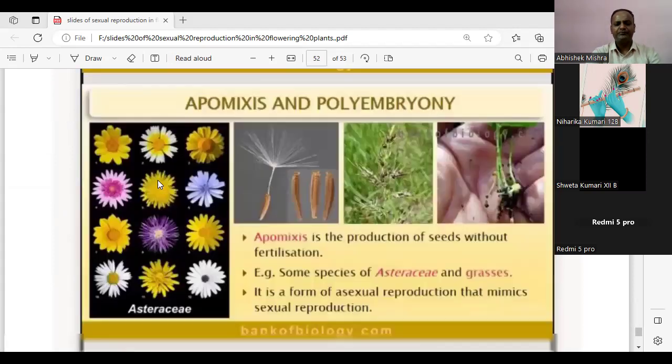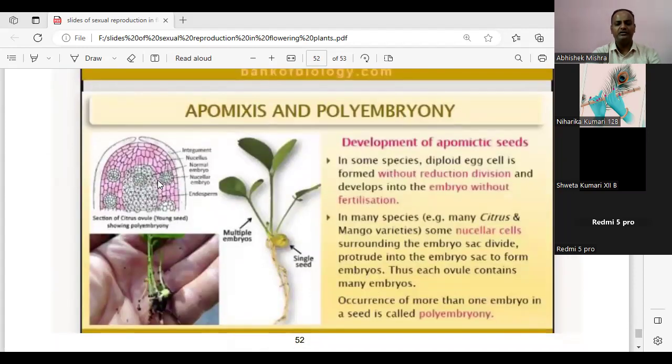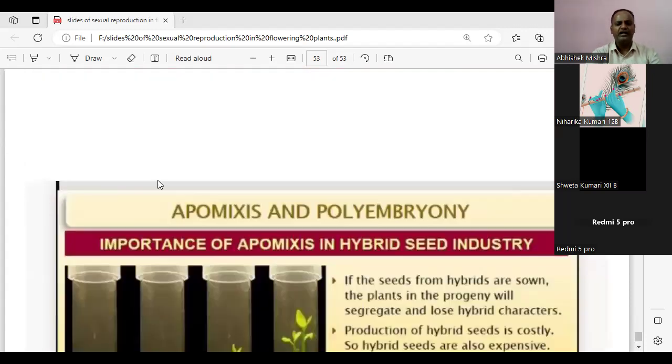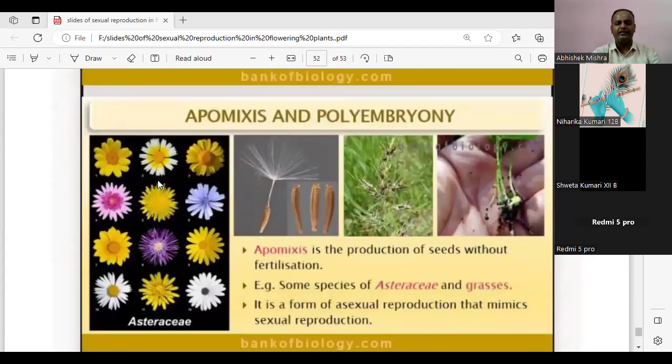Now, students, remember, there are two very important terms which need to be discussed because they mimic sexual reproduction. These two processes are apomixis and polyembryony. What is apomixis?